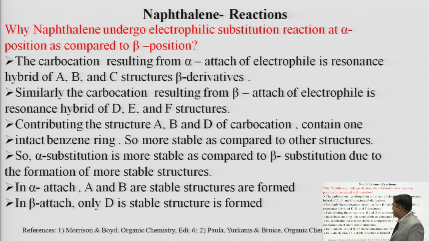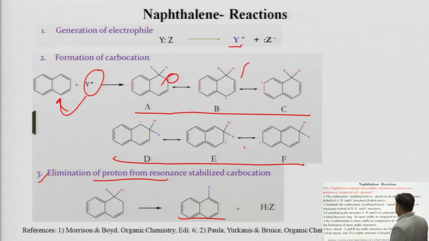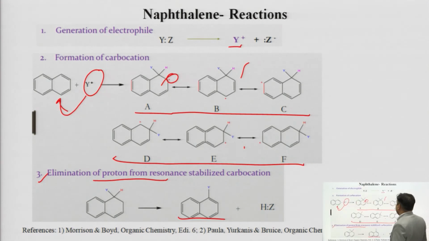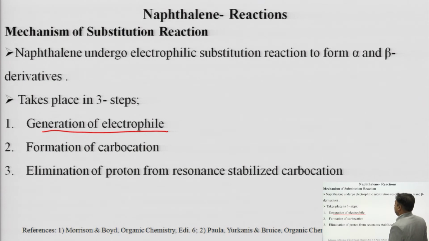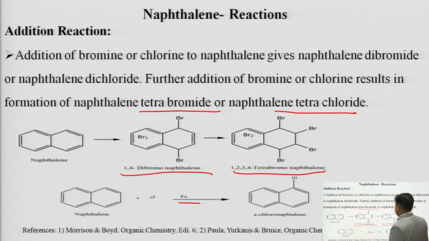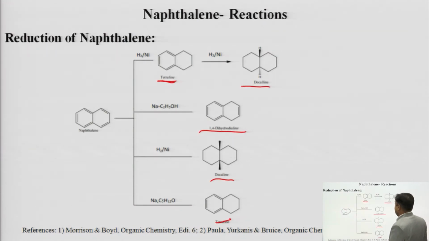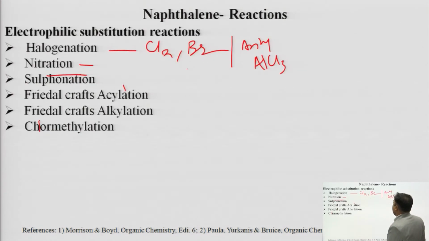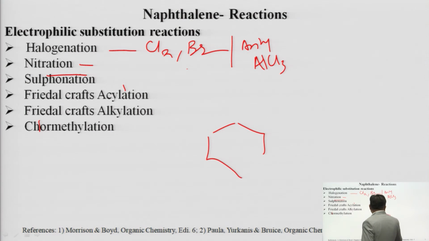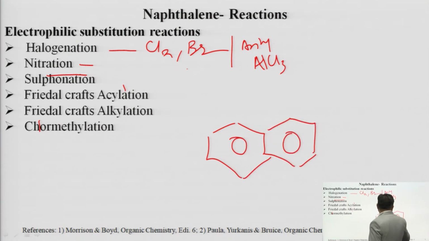Suppose here you can see the electrophilic substitution reaction. Now, we go to the structure. It is naphthalene.